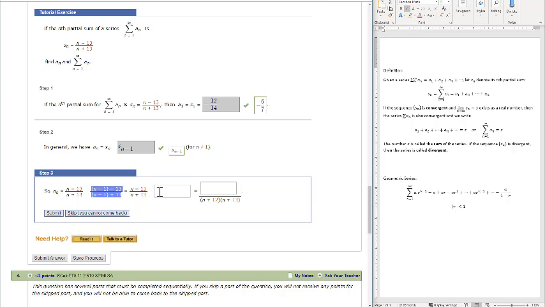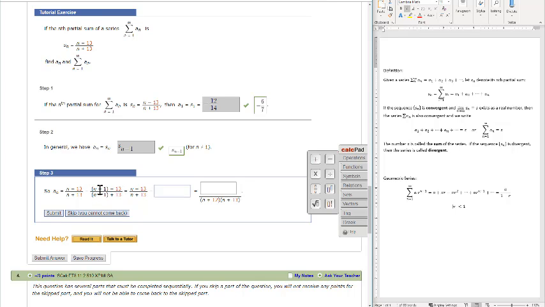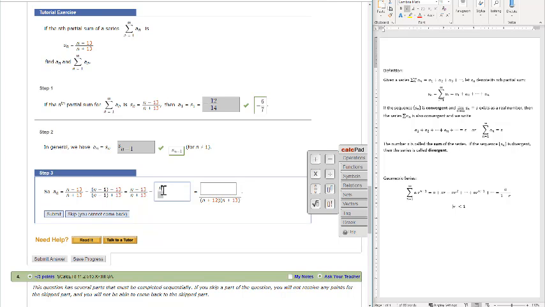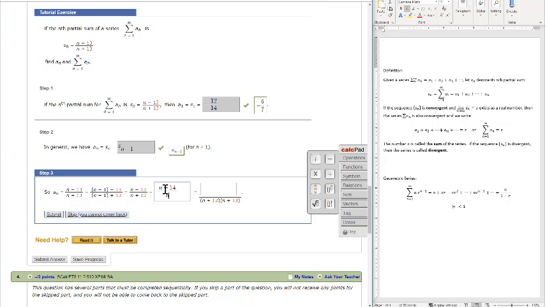Okay, so what's that going to equal? This is n minus 1 minus 13. So I think that's going to be n minus 14 divided by n minus 1 plus 13. So I think this is a plus 12 here.